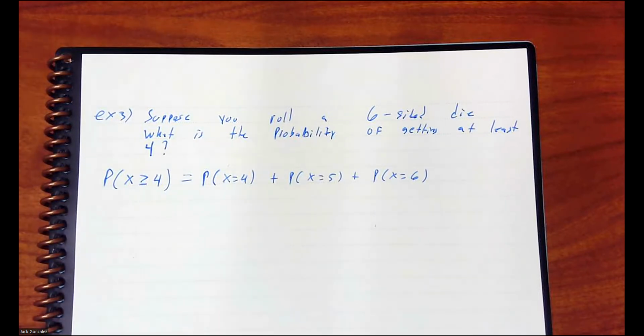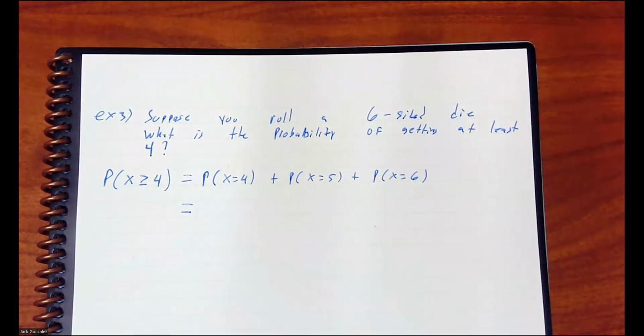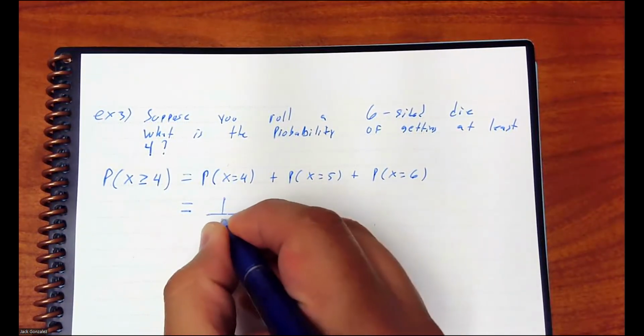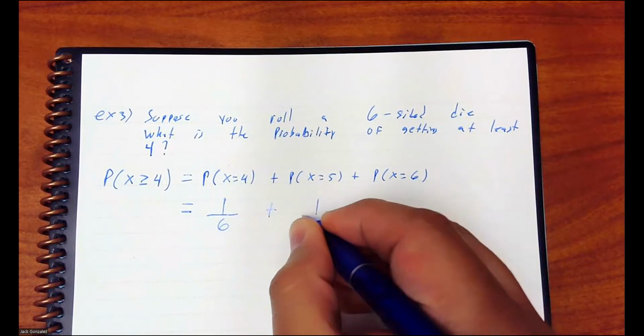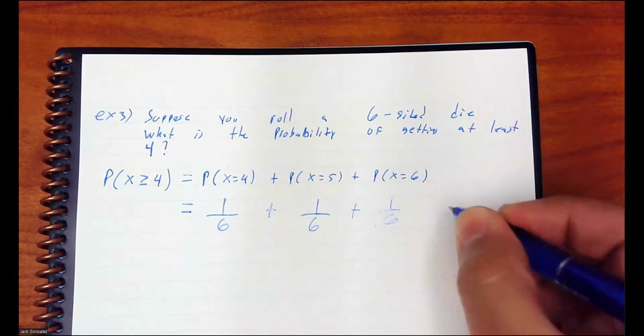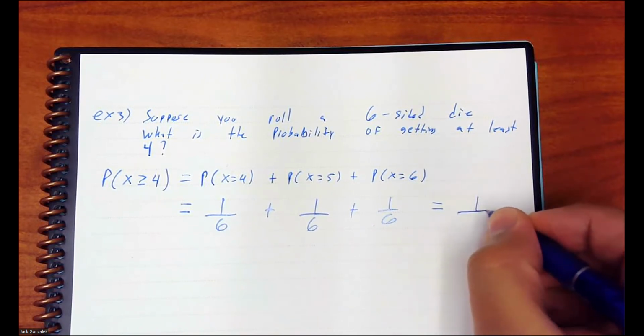Would that work here? It would, but it wouldn't be interesting. What's the chance of getting a 4? And 5 and 6. Same thing, right? Let's add them up. So that would be 3 over 6, which is 1/2.